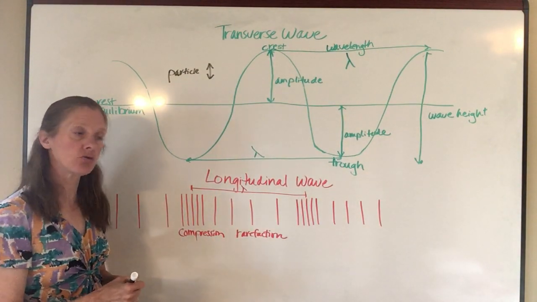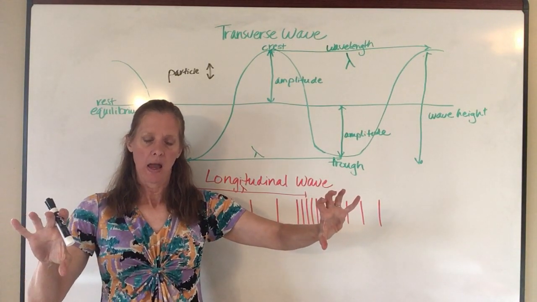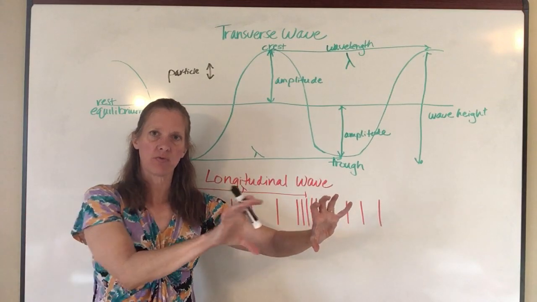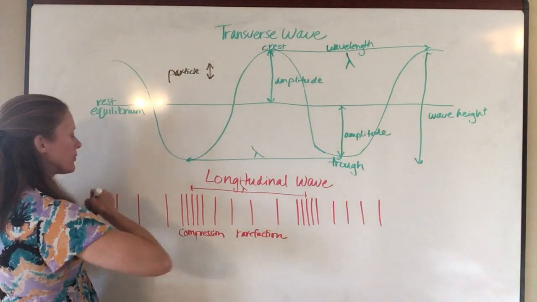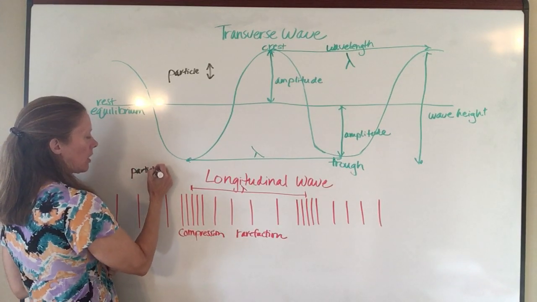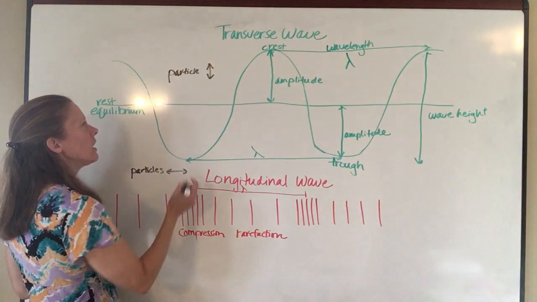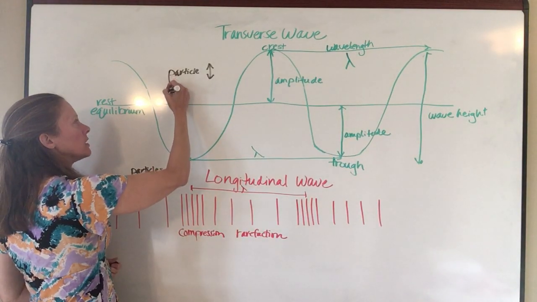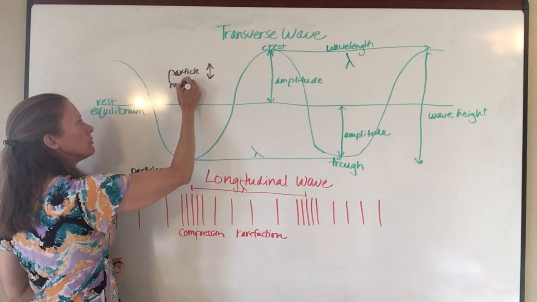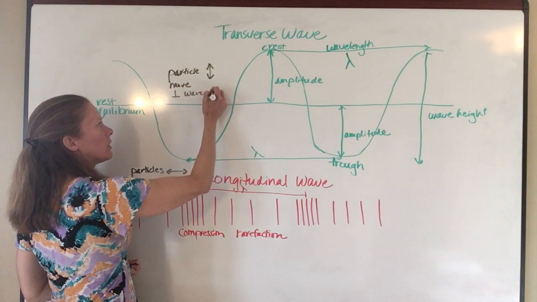However, on a longitudinal wave, again, if you can see that slinky in your mind stretched out on the table, and things are moving back and forth, here the particles in the path of the wave, if the wave is moving this direction, the particles are going to go this way. So here the particles move perpendicular to the direction of the wave.